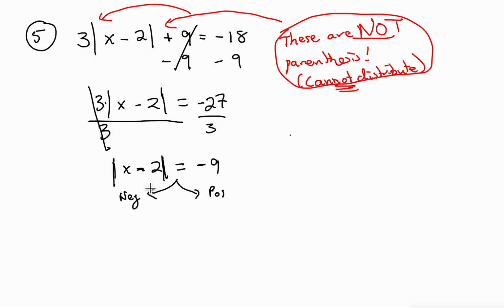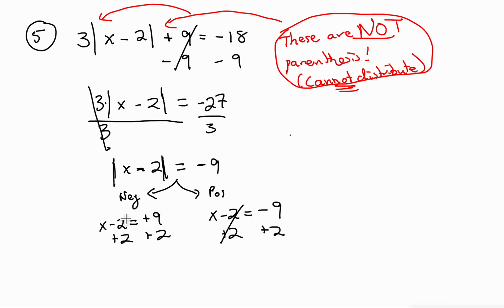In solving, to undo that, we have a negative and a positive. So x minus 2, a negative of a negative is a positive, and x minus 2 over here, and then positive of a negative is a negative. So when we solve, we do come up with solutions.